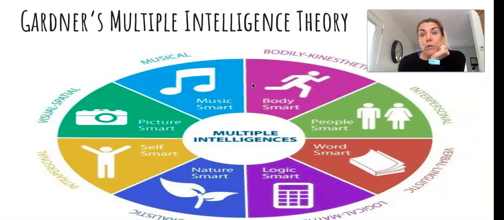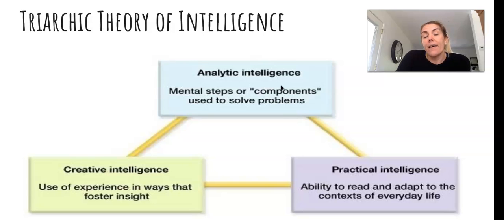With Gardner's multiple intelligences, he had all of these different types of intelligence: musical, visual-spatial, interpersonal, intrapersonal, verbal, logic, all of those went in your multiple intelligences. And that was Gardner's nine multiple intelligences approach.